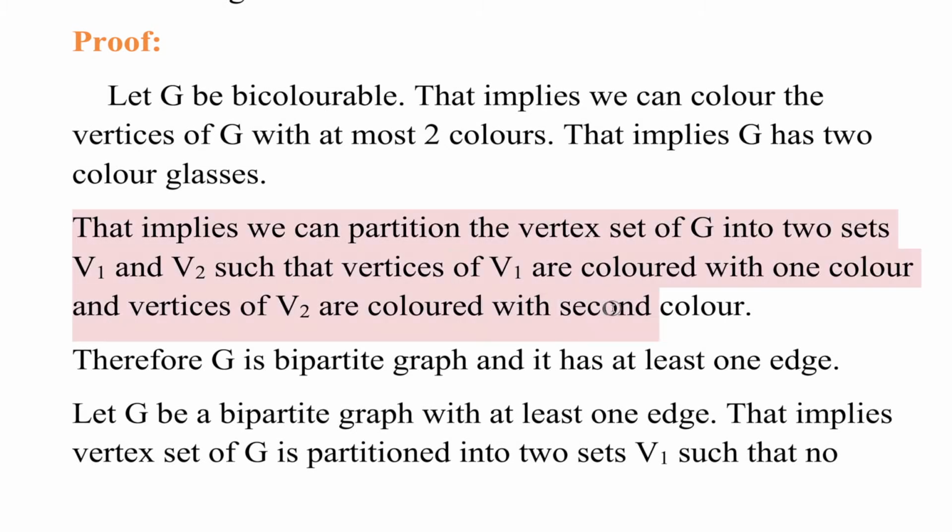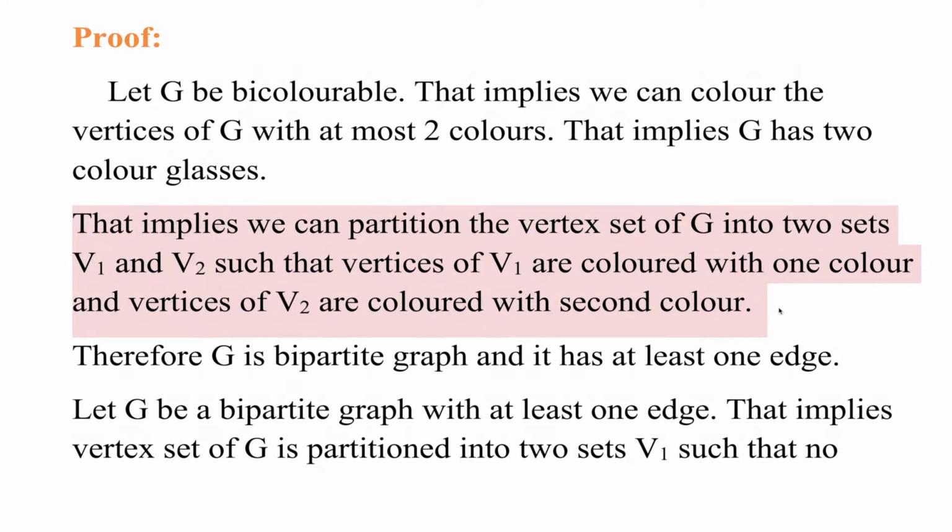That implies we can partition the vertex set of G into 2 sets V1 and V2 such that vertices of V1 are colored with one color and vertices of V2 are colored with the second color. Therefore, G is a bipartite graph and it has at least one edge.